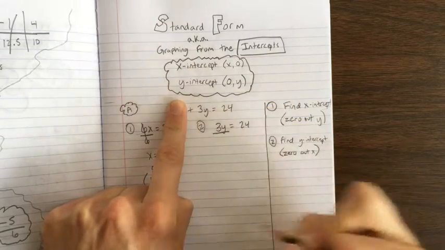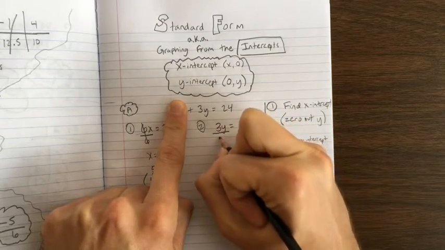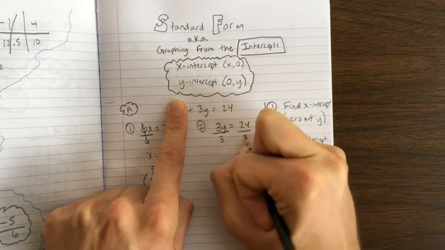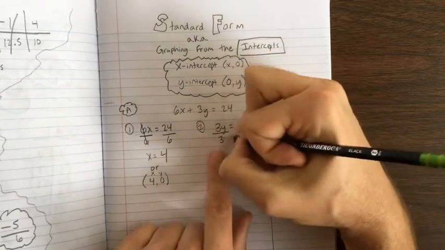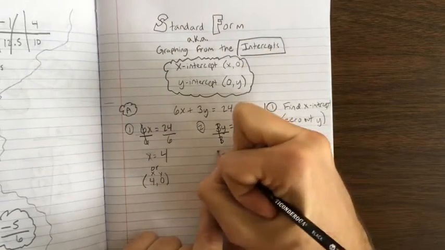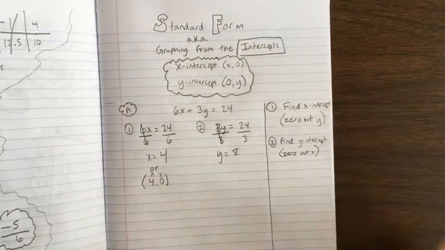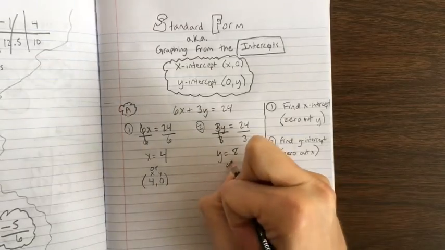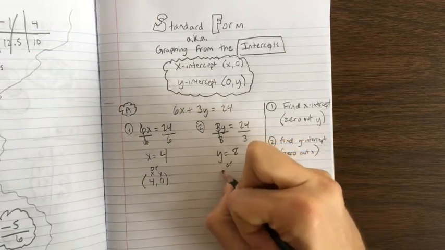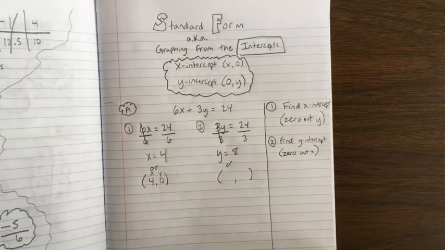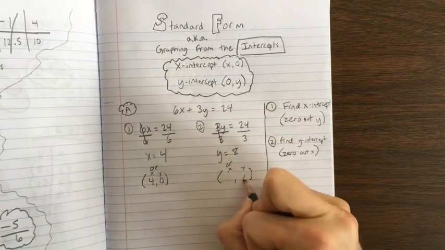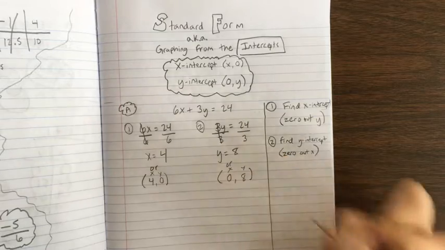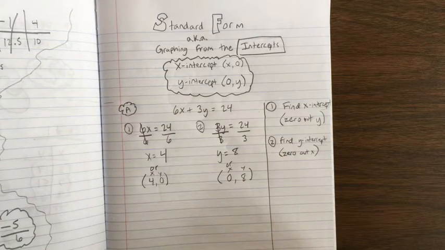Then I want to make that y be by itself, so I need to divide by 3 on both sides, right? Anything I do to one side, I do to the other. 3y divided by 3 cancels out. y equals 8. And so just think about what you could do to represent that as an ordered pair, right? So if this is our x and this is our y, we know the y is 8. We know the x is 0, okay?